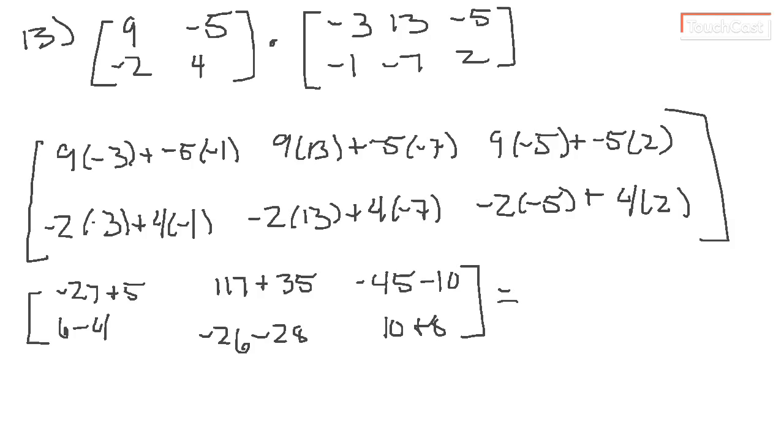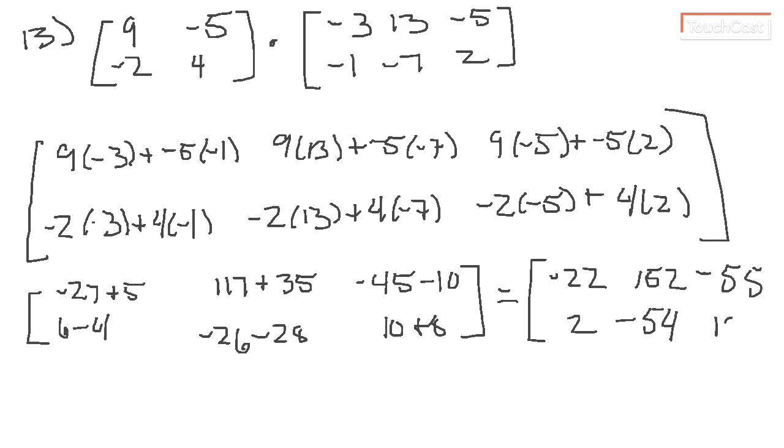Now we can actually do the addition and subtraction. So our final answer is going to be in the first row, negative 22, 152, negative 55, and our second row is going to be 2, negative 54, and 18.